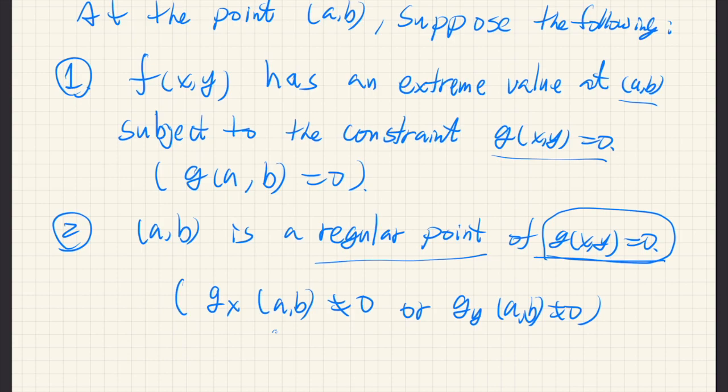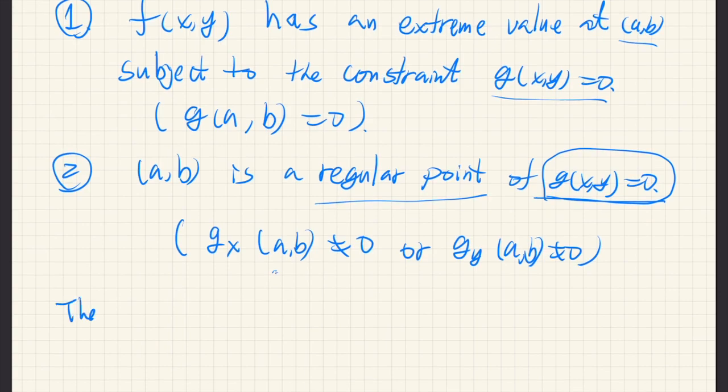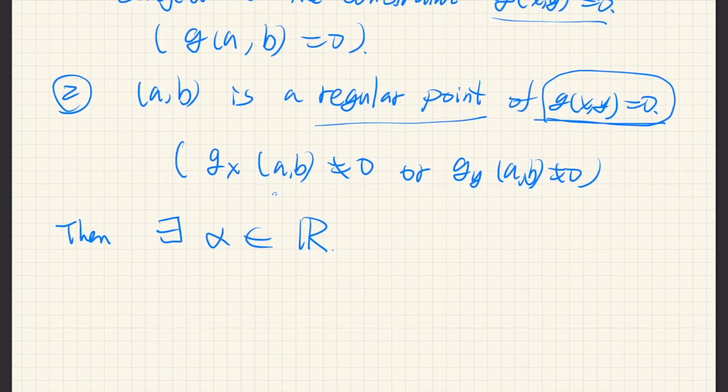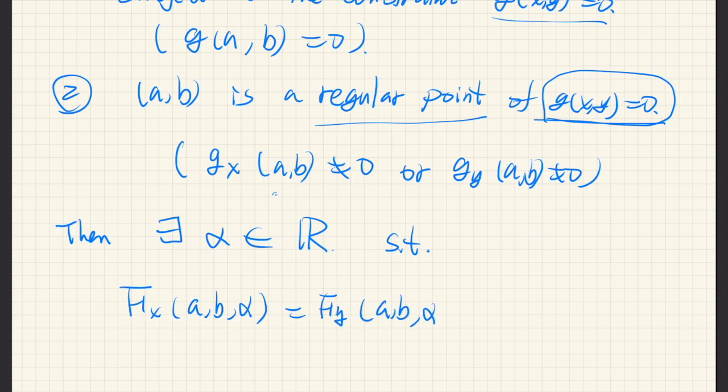Now suppose these two conditions are satisfied, then there exists some alpha, a real, such that f_x(a, b, alpha) equals f_y(a, b, alpha) equals f_lambda(a, b, alpha) equal to 0.